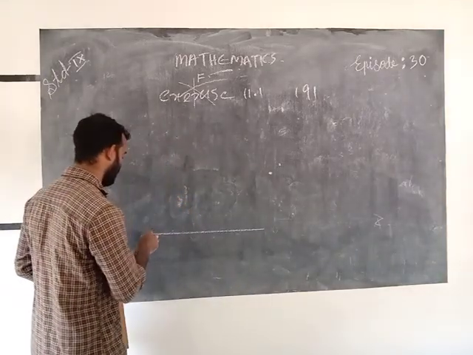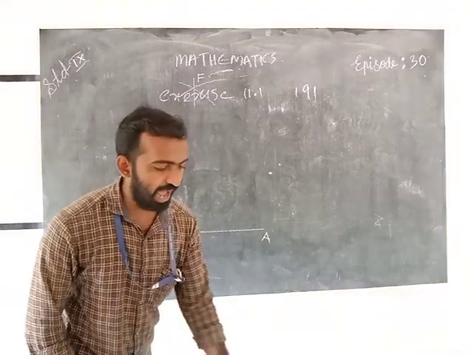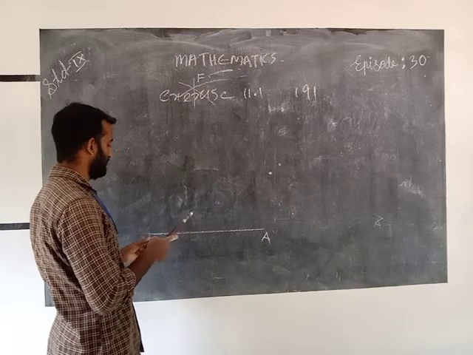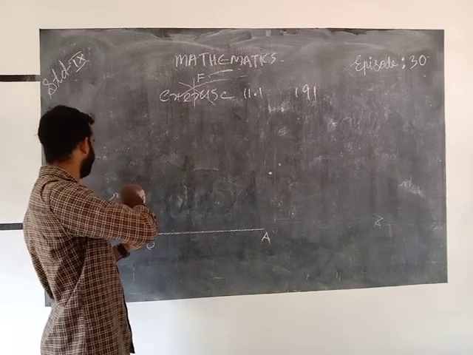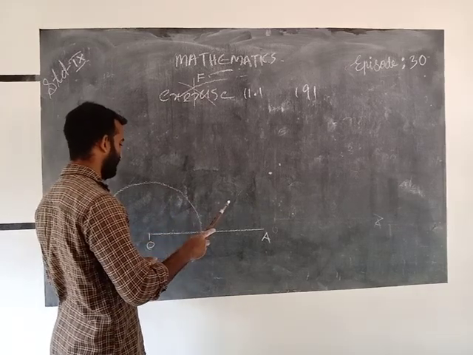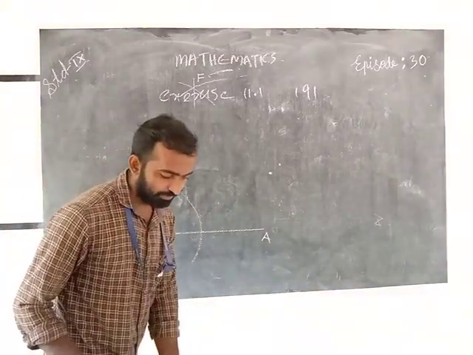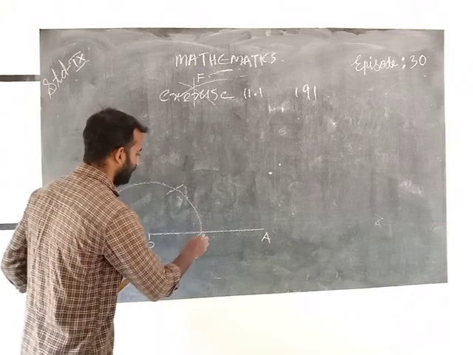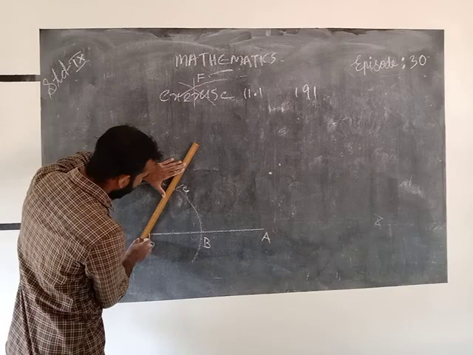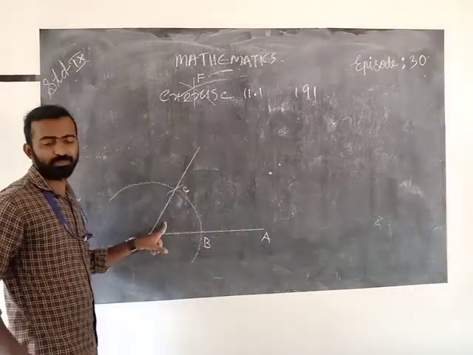First we draw a ray OA, and we draw an arc with a radius as you like, center O. With the same radius we cut the arc, then B, C, and when we join these, this is 60 degrees.